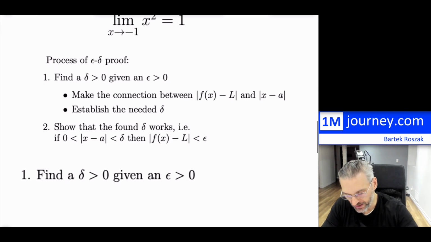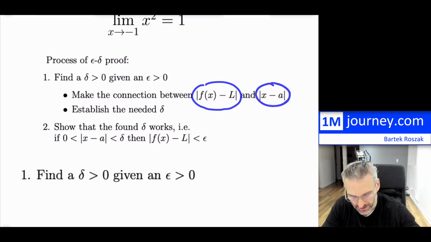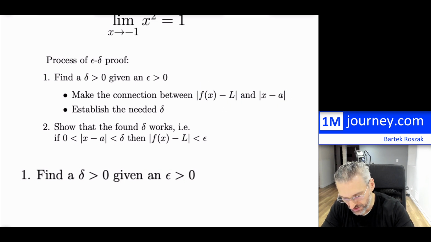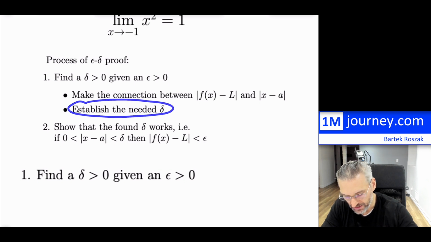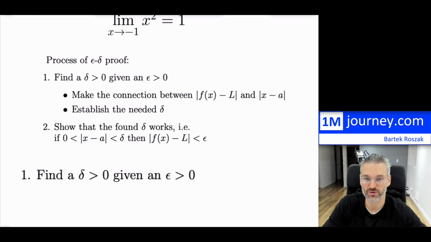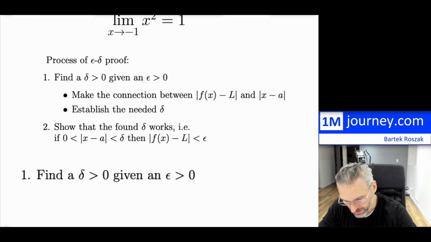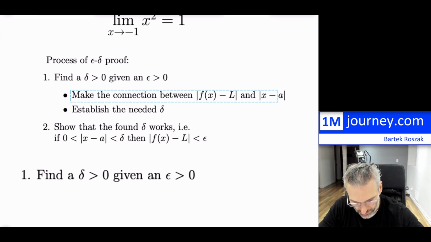Now you can go ahead and proceed in trying to make these connections between f of x minus L and then x minus a. So we're basically just establishing a needed delta. All right, so let's do that. So I'm going to do the next item, which is this one right here.